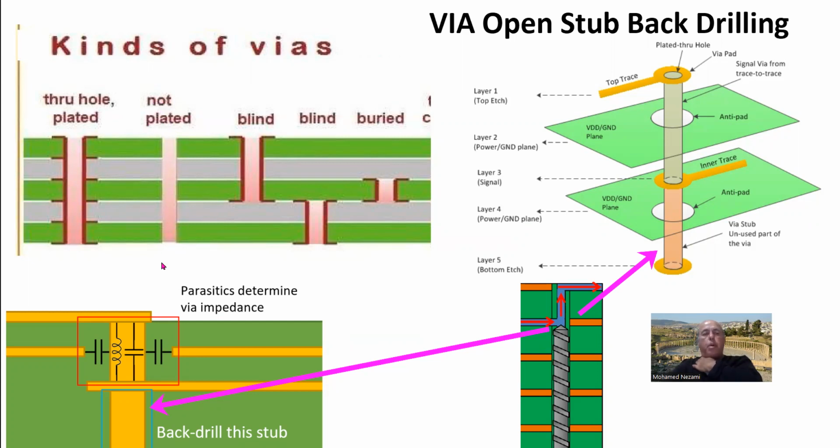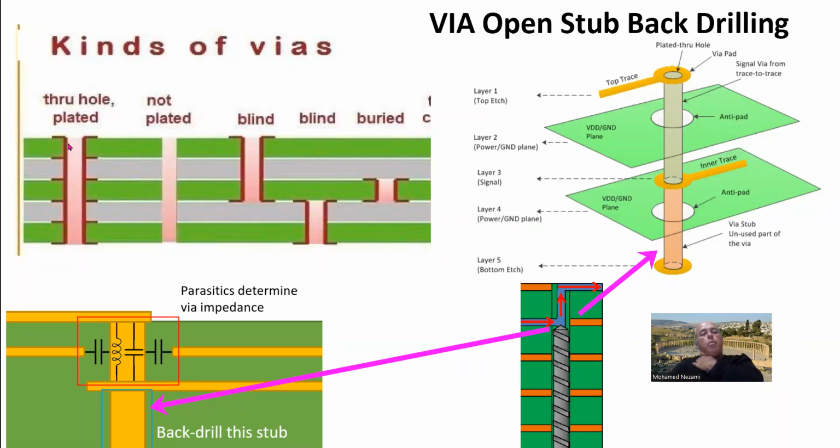It's a hole without metal on the walls; it doesn't have cylindrical metal. A blind via can connect from the top to an inner layer, and it could be done on top here, where it connects this layer to the top, or it could be done to the bottom as well. And we have the buried via, that's where you connect inner layers. Of course, the gray color here is assumed to be the copper, the stripline layers in this case.